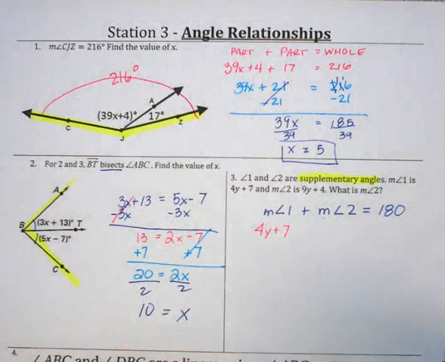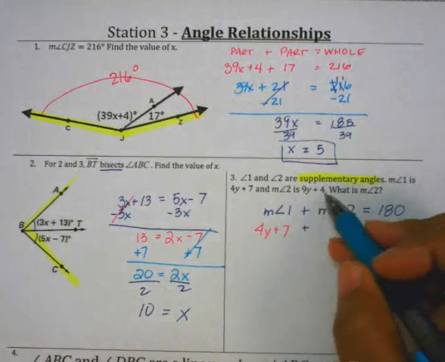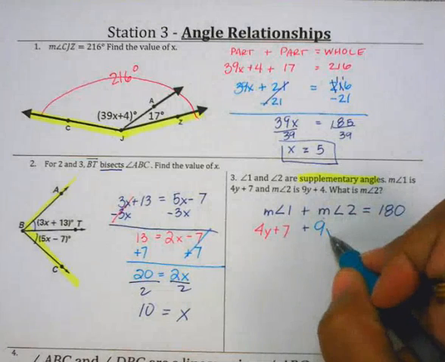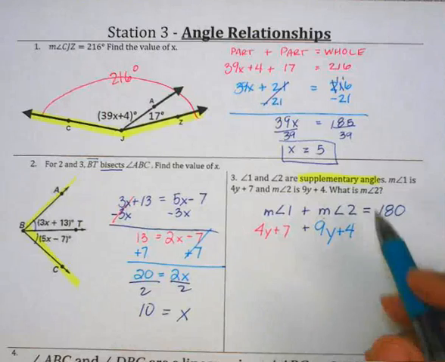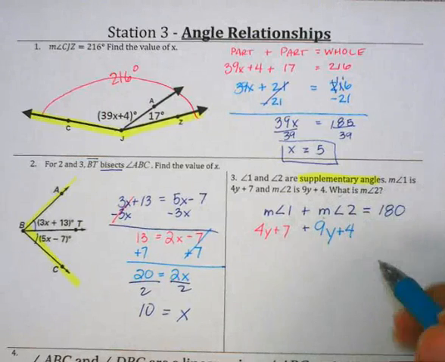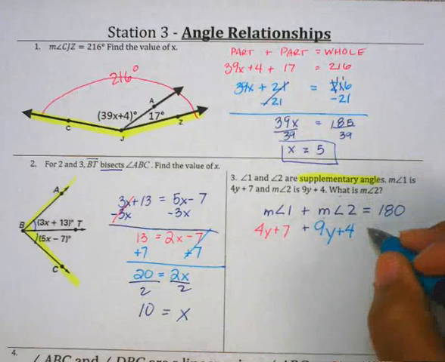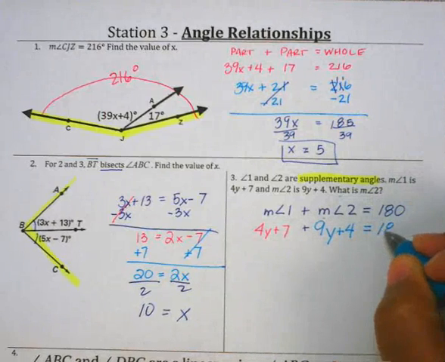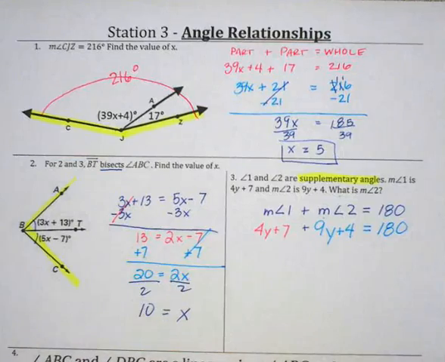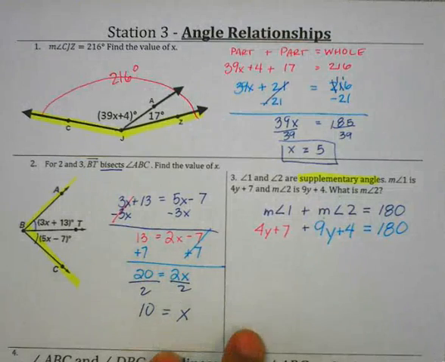And I know the measure of angle 2 is 9y plus 4. They want us to find what is the measure of angle 2, but first I need to find out what y equals. And then we can substitute that value in to find what the measure of angle 2 is.